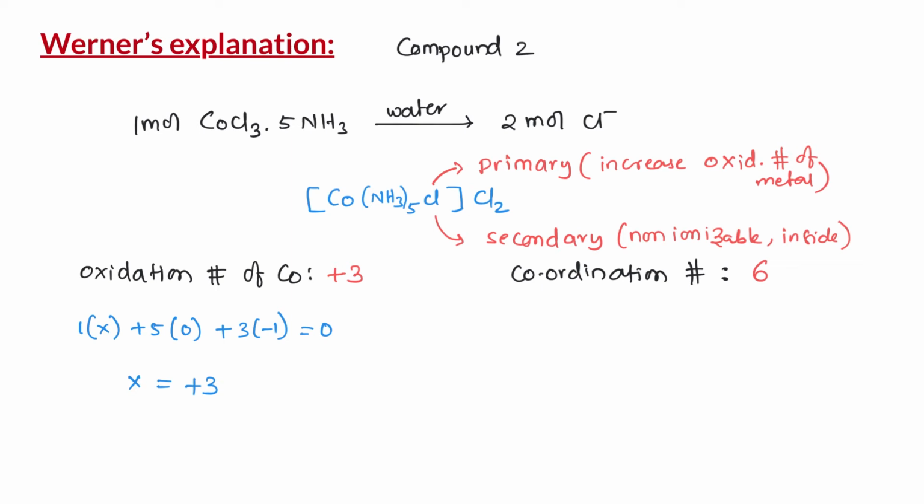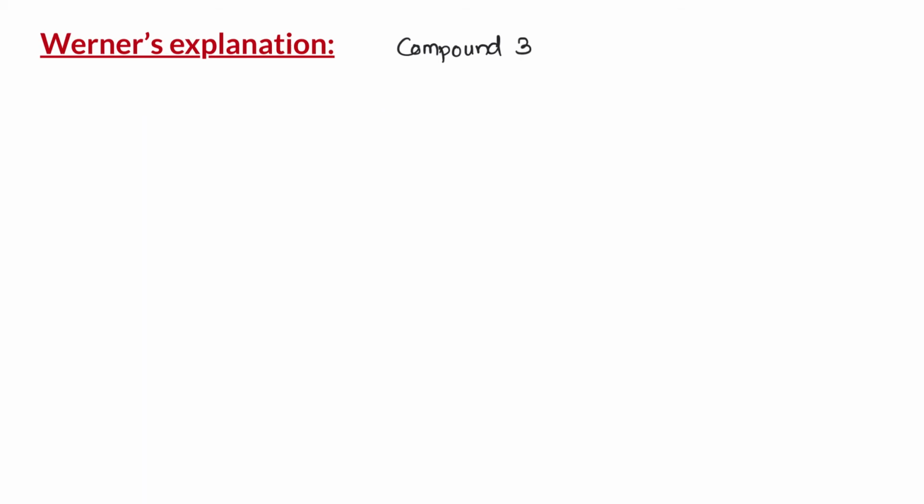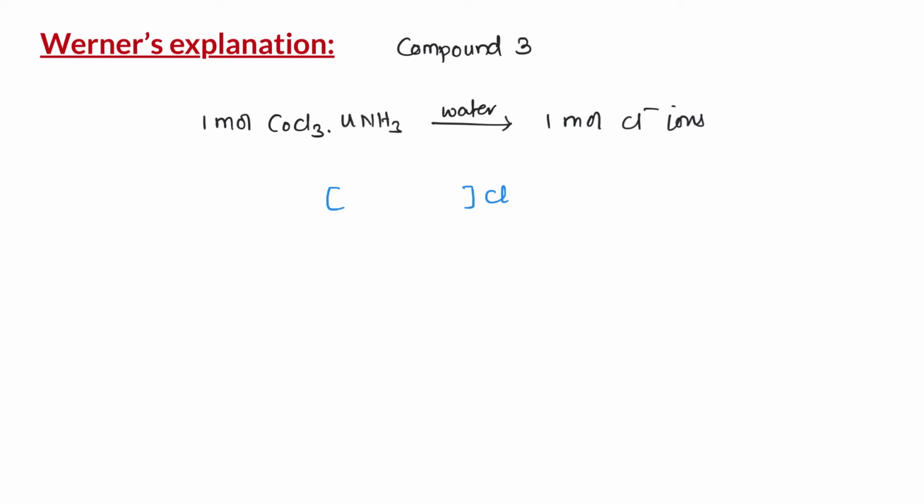We have seen in the previous slide that the oxidation number of chlorine is -1. Therefore, each chlorine increases the oxidation number of cobalt by +1. And anything that increases the oxidation number of the metal is a primary valence. Let's now look at the third compound. The third compound produced only 1 ionizable Cl- ion, which means that only one of the chlorines should be a primary valence and it should be placed outside the square bracket.